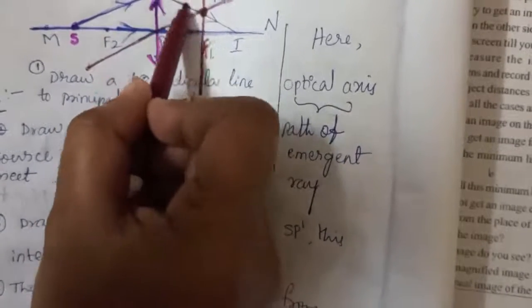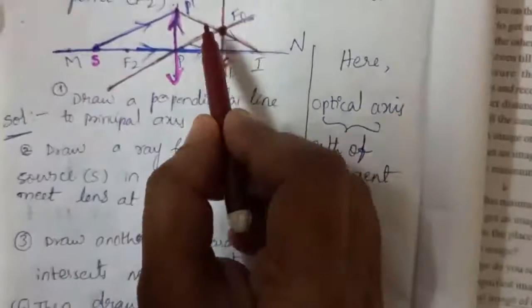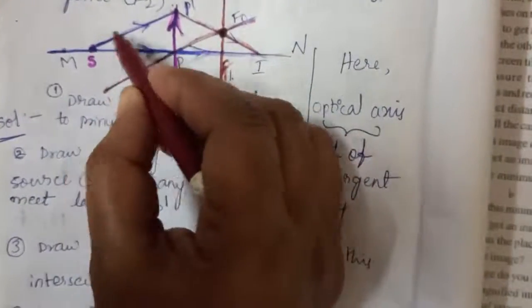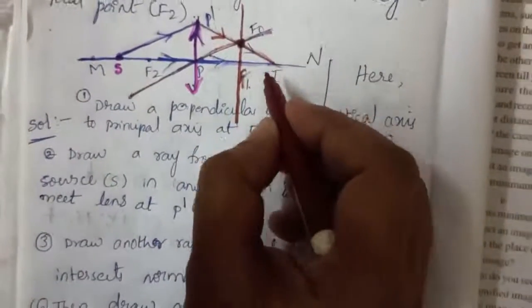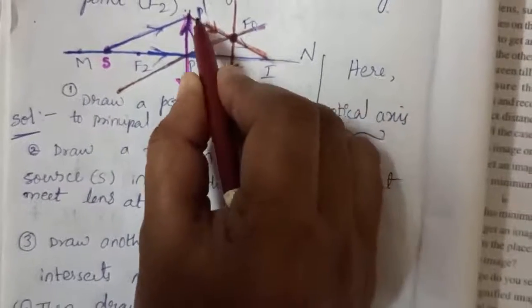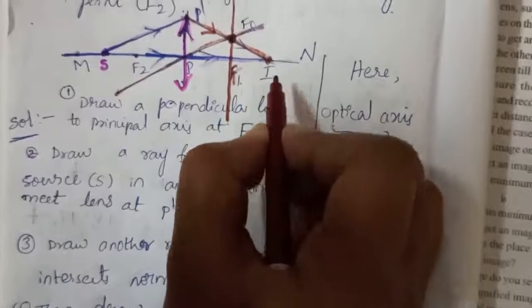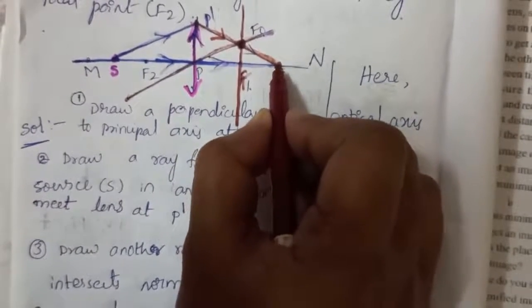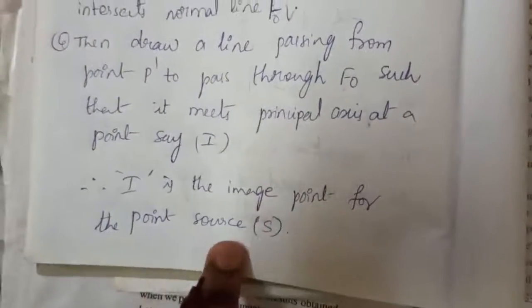That line is the refracted ray corresponding to SP dash. So this is the other case, children. The refracted ray which we draw through F0 will meet the principal axis, the optical axis, at I. So this I is the image. Therefore I is the image point for the point source.